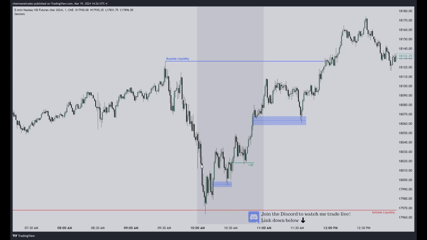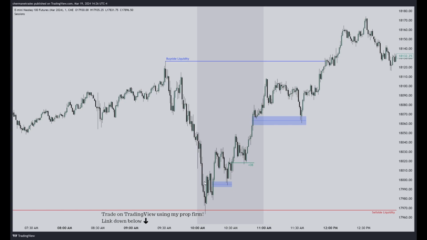So if we have a fair value gap here, I'm watching to see, do we disrespect that? What does that look like? Do we close past consequent encroachment? Do we trade completely above it like we did here? All right, that's what I'm looking for. If we had like a bearish order block here, and we'll look at that in a little bit, I'm watching that bearish order block. Does that send price lower, or do we completely violate that PD array?